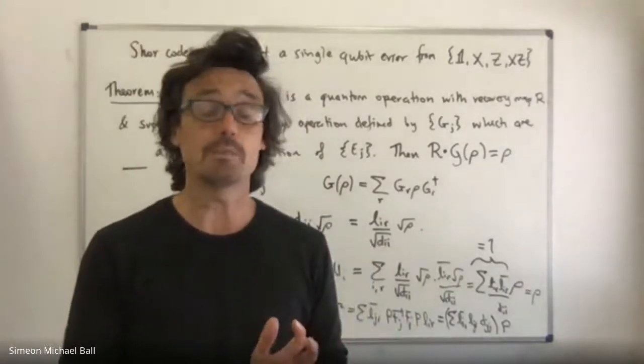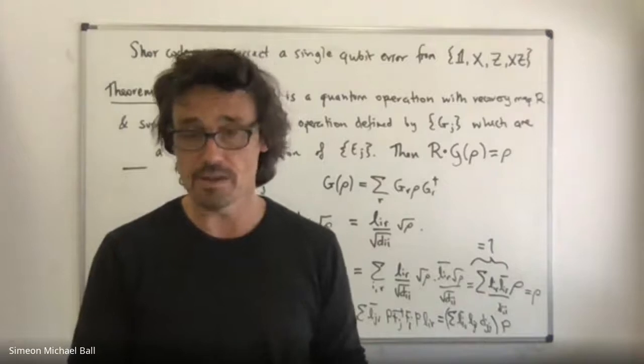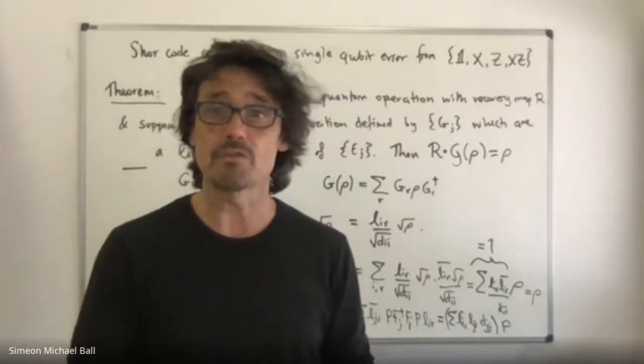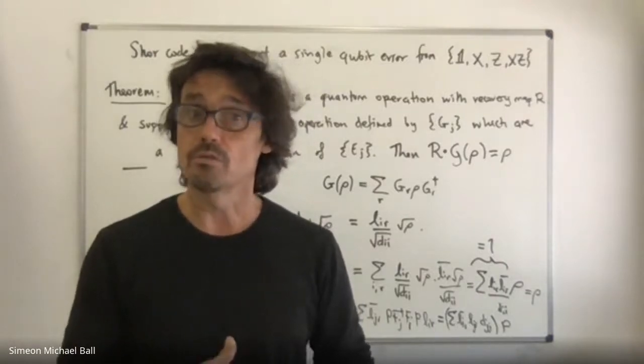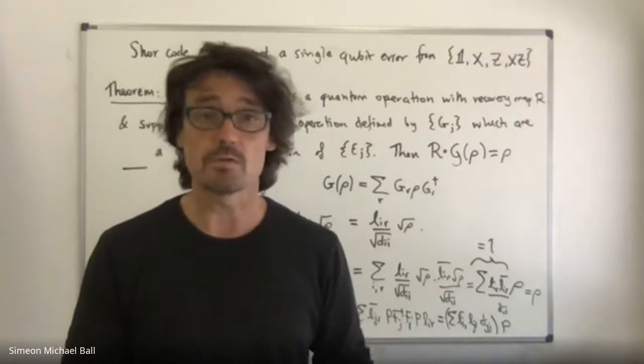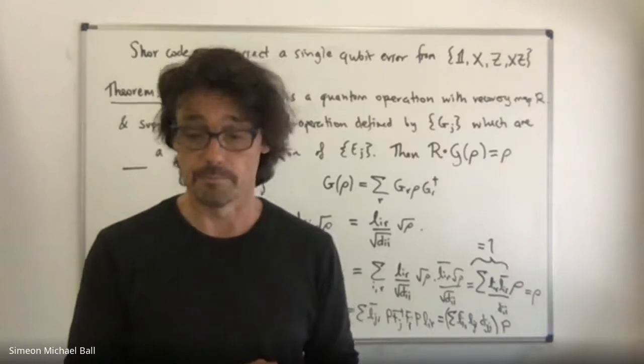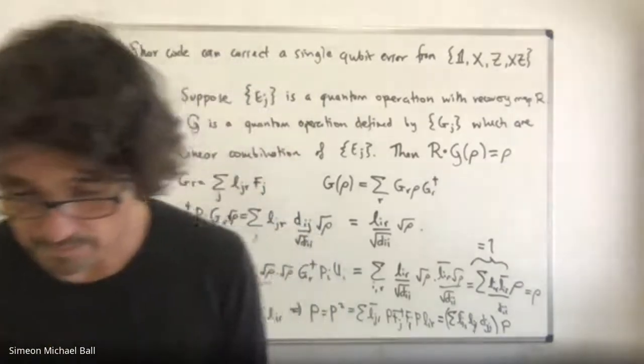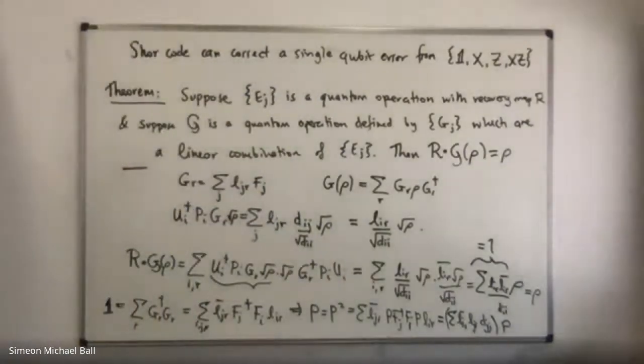So you don't really want to be using so many. So now we're going to get serious about trying to construct better, and in some cases optimal, quantum codes. Okay, so now the fun starts.